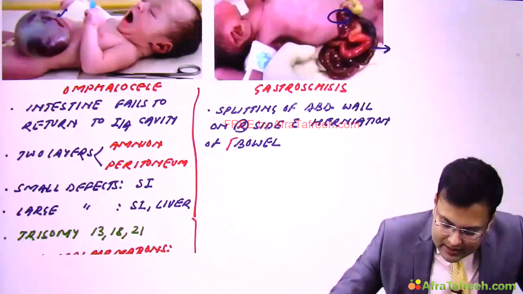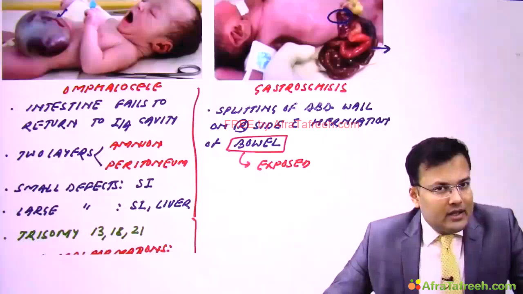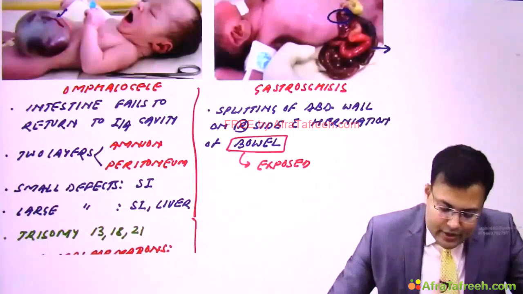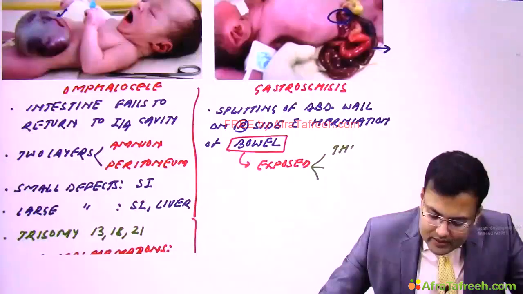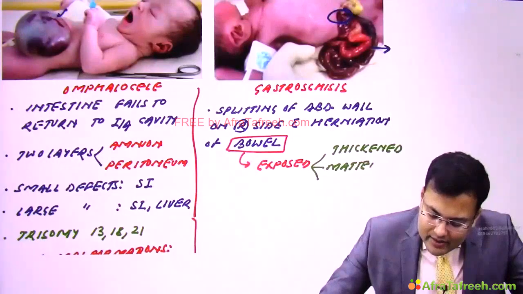So this bowel is exposed. And since this bowel is exposed, what's the problem? Here, the bowel is thickened, matted, and edematous.